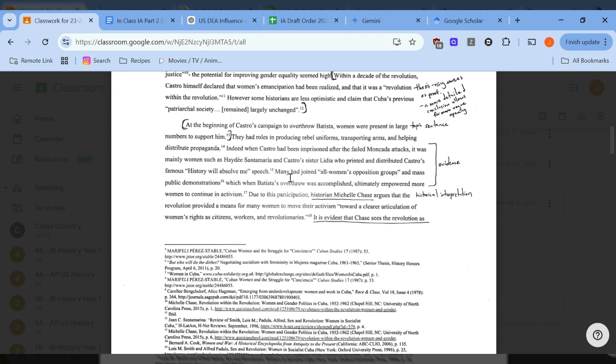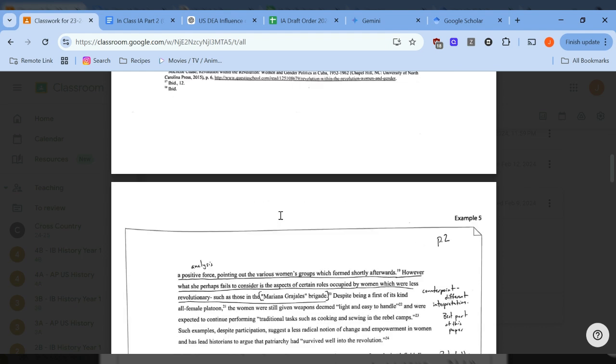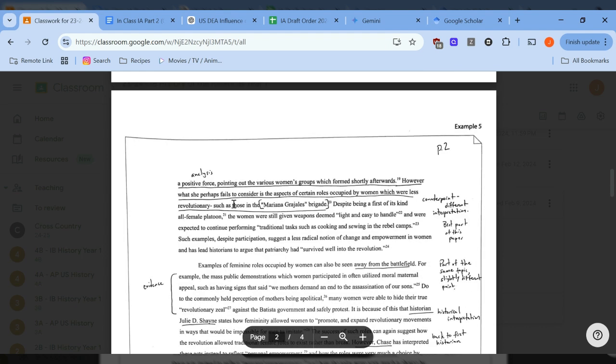This is largely needed to get the highest points on the paper. Going on down, this paragraph also has a counterpoint, so it's a different interpretation of the same type of evidence. This is truly the hardest part of the paper. This is how you get the highest marks, is finding different historians who view the evidence in different ways. This is the best part of the paper. You don't have to do this the entire time.